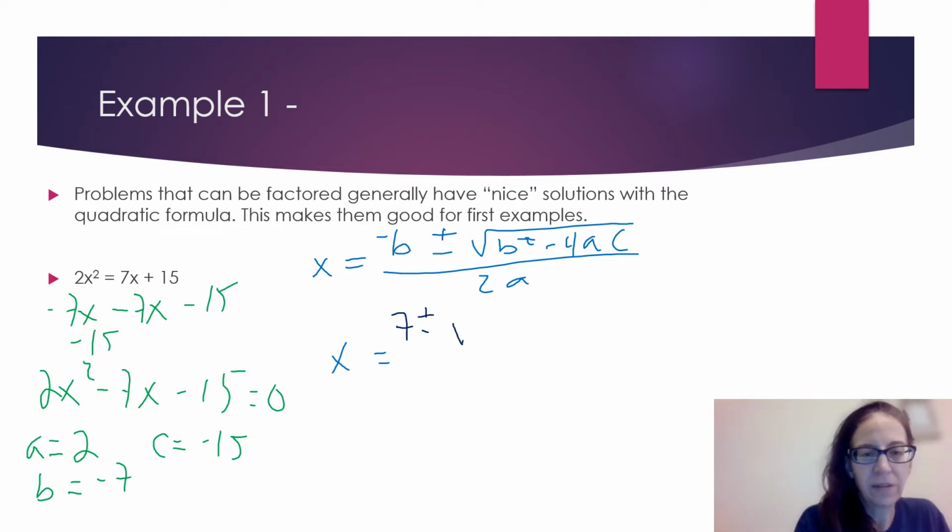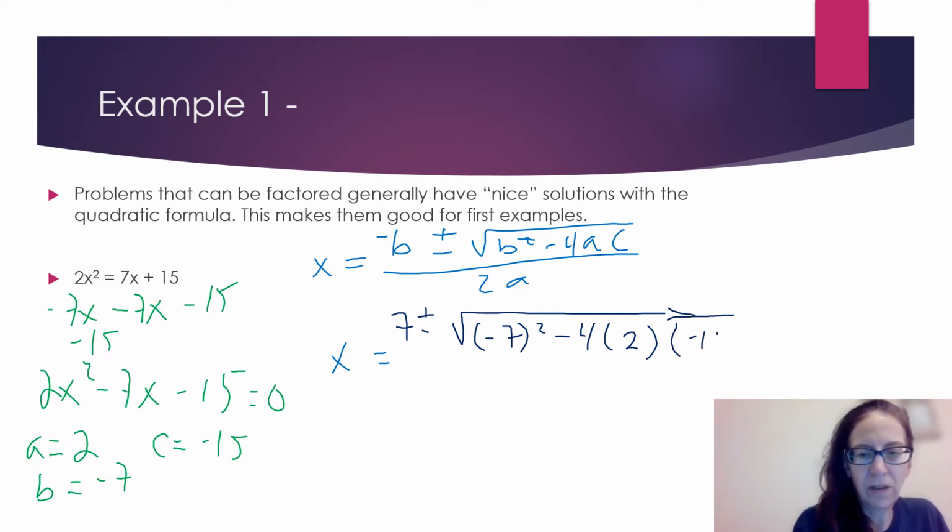Plus or minus. Now, for b squared, I'm going to tell you always, always put that in parentheses, because that is one of the common mistakes. a was 2 and c was -15, all over 2 times 2.